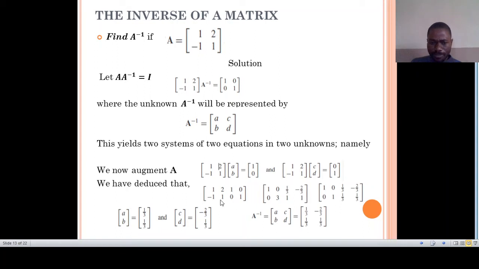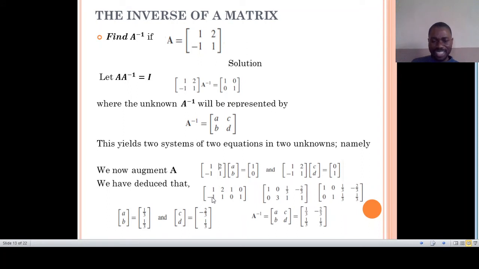If you want to do this, first of all, you will look at the first row here, and you will make sure that all the entries under the first column in the first row are 0. You will agree with me that the only number under the first column is -1. You are going to make sure that this number turns to 0. How are you going to do that?